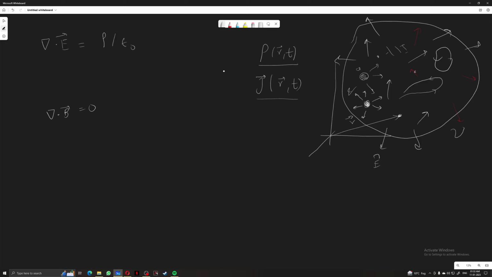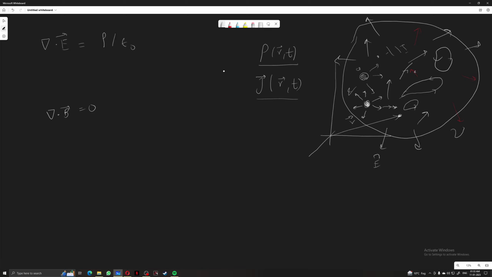So this just means that there are no magnetic monopoles. So B always curls around, and the field lines are circular, right? There is no origin of a magnetic field line and there is no sink for a magnetic field line. This just means that the divergence is zero, not that we know of, right? So there are no magnetic monopoles.